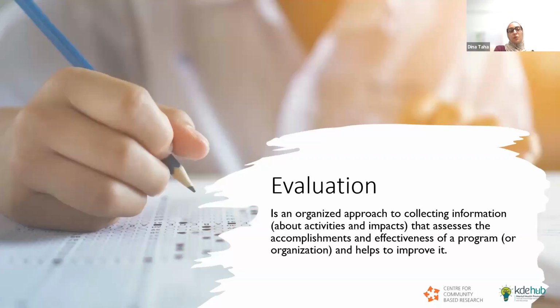We agreed on a working definition last time: evaluation is an organized approach to collecting information, specifically about activities and impacts, that assesses the accomplishments and effectiveness of a program or a whole organization in order to help improve it.